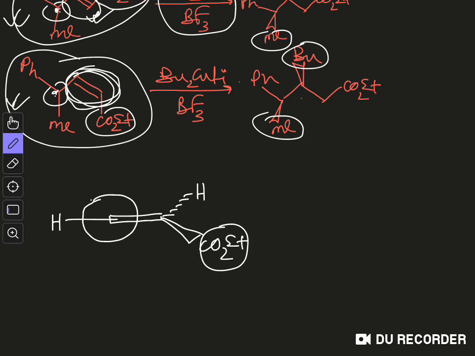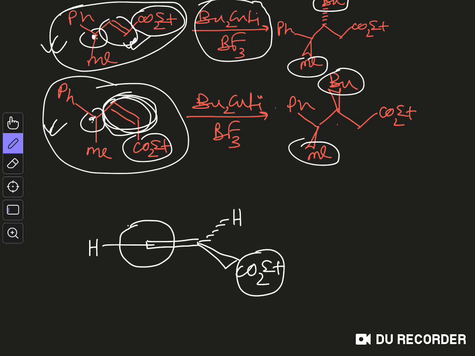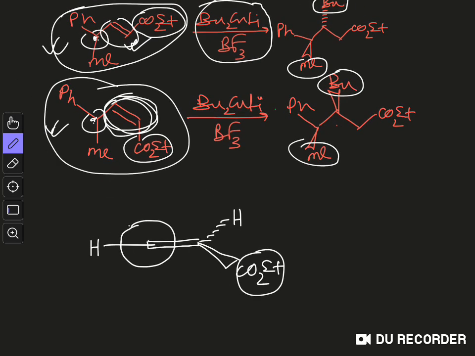Now you can see how we have to place the other group. Before that we have to draw this stereo center, or this chiral center, in the proper way. So this chiral center actually looks like this: here you have the phenyl, and the methyl is above the plane, and the hydrogen, which is not written for clarity, is below the plane, and this is our other part.